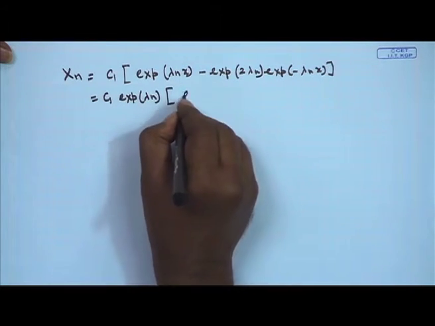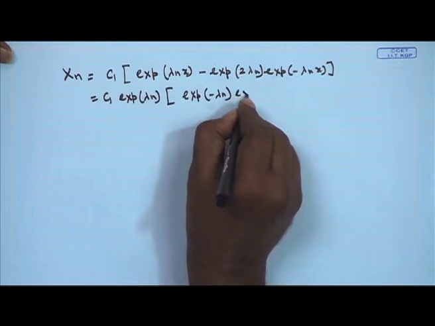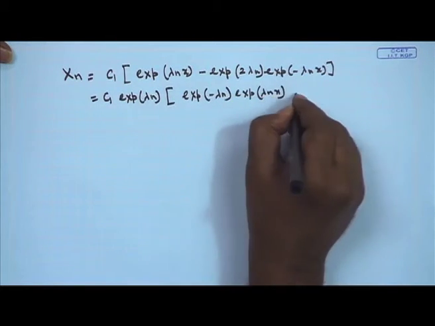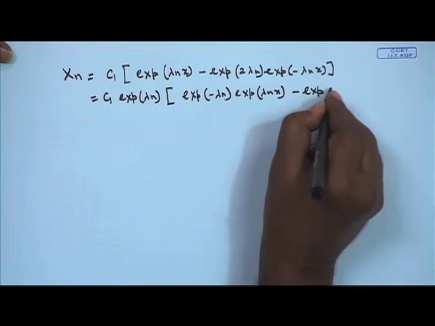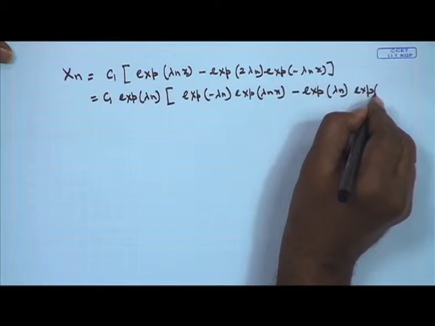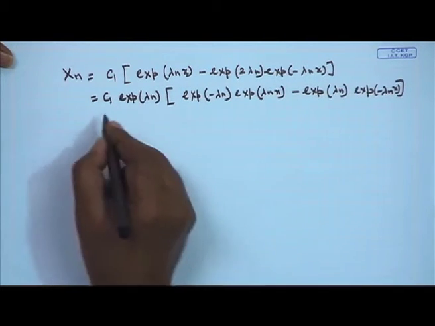So, it becomes exponential minus lambda n, exponential lambda n x minus exponential lambda n exponential minus lambda n x. Then we take minus common.